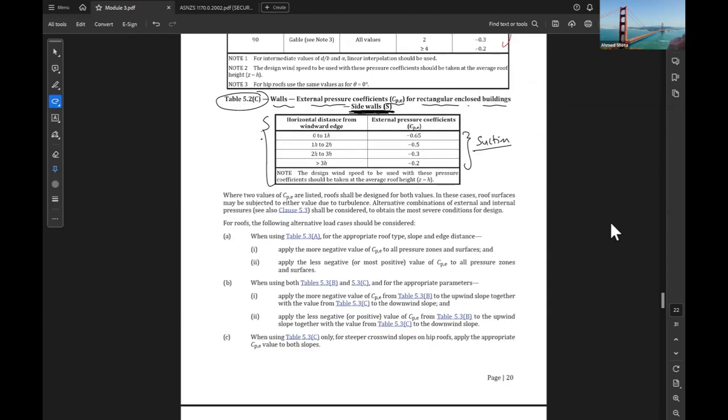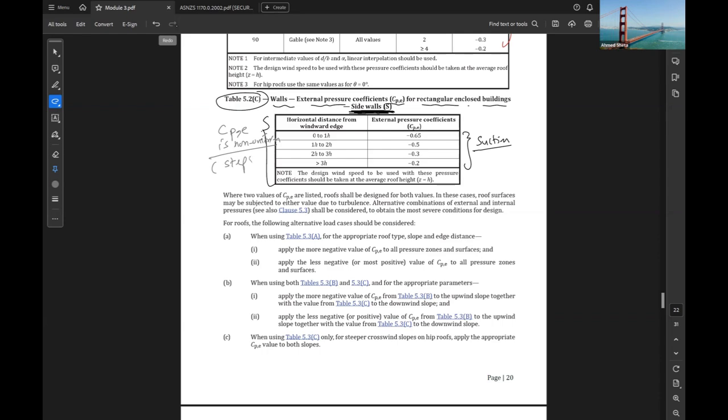Okay, so just to remind you, for the side wall, the factor CPE is non-uniform.